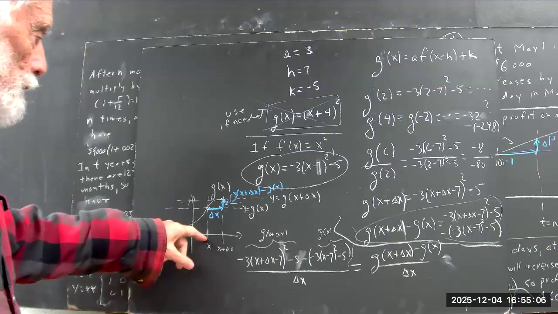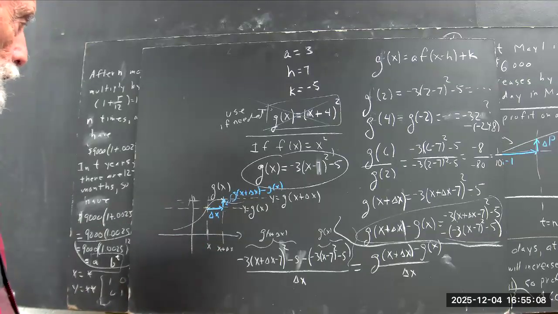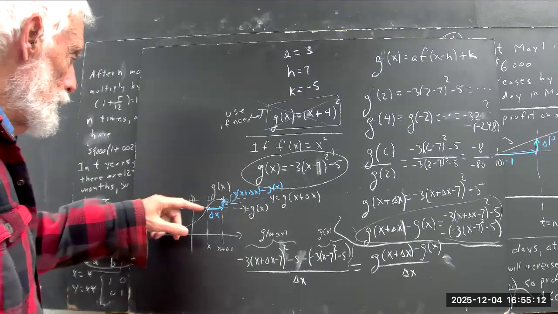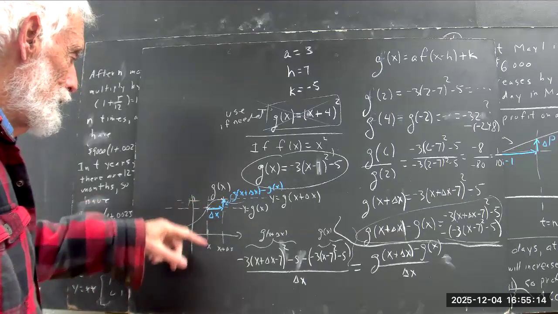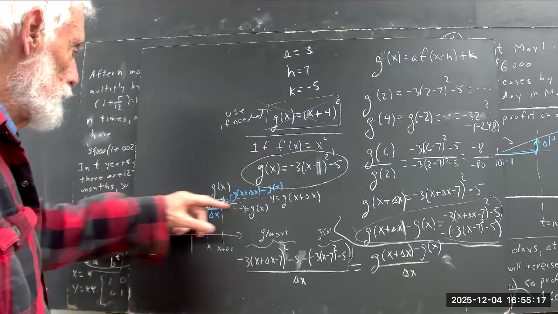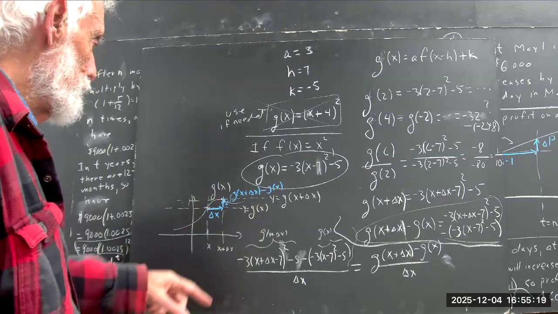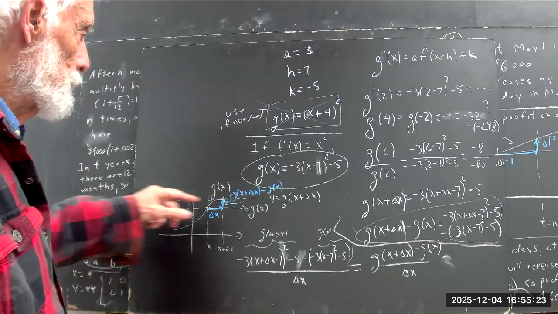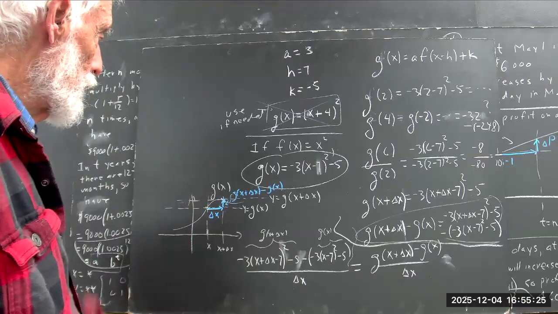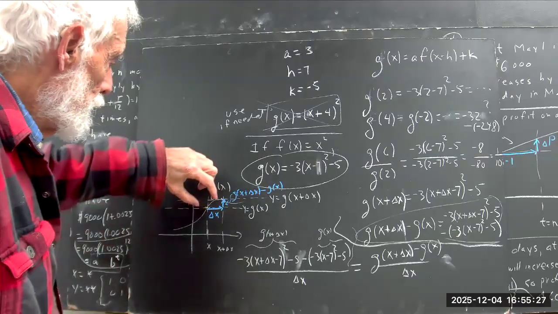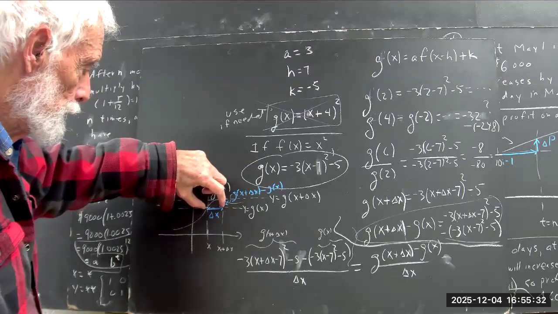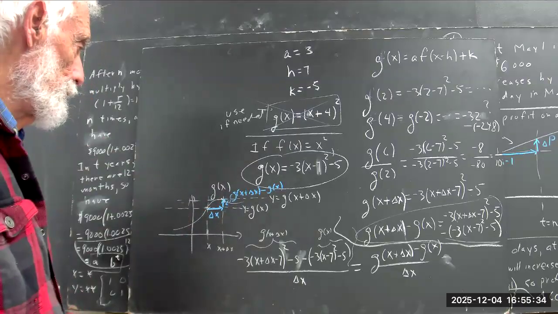But if this is x and this is x plus delta x, then this point is on the line where y equals g of x, and this point is on the line where y equals g of x plus delta x. Then you can do a fundamental triangle here. I'm just starting and not drawing the whole thing. You got a delta x here.